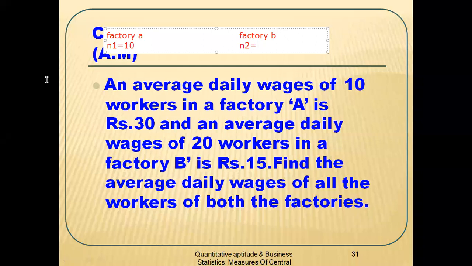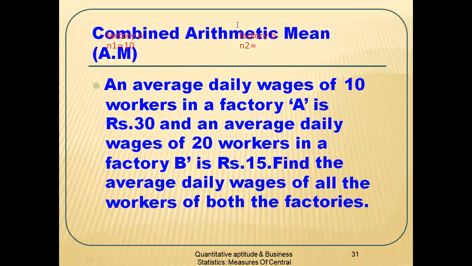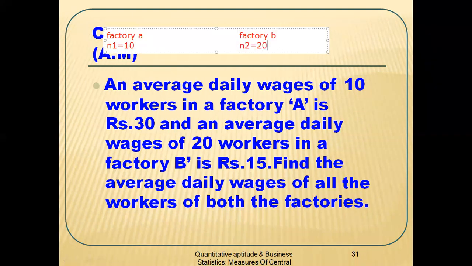If you read the question again clearly, an average daily wage of 20 workers. That means there are 20 workers here. So this is point one: categorize how many workers are existing in factory A and similarly in factory B.